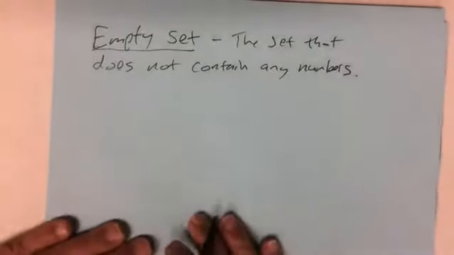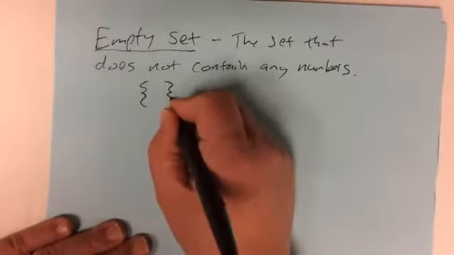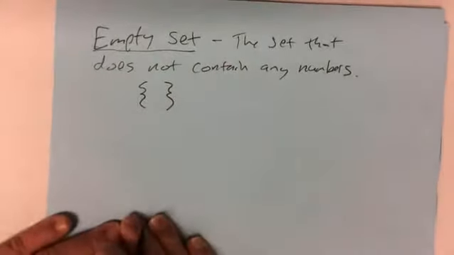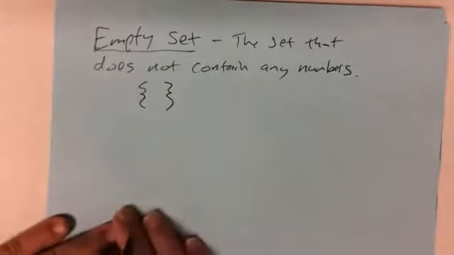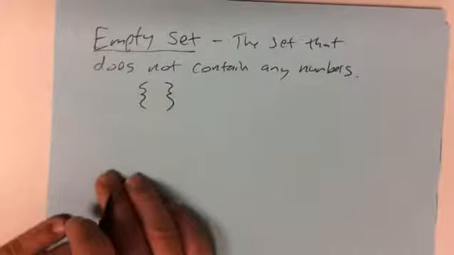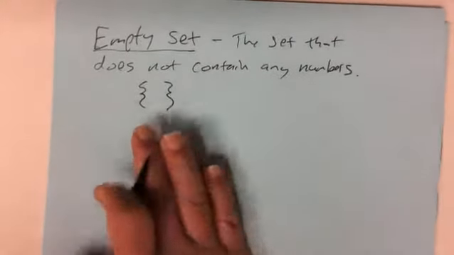Okay, there are 2 ways to denote the empty set. You can put empty brackets like this, so that when you look at it, it's actually empty. It's like you're looking inside and you don't see anything. I like this because it gets across the fact that the set is empty and the cardinality is 0.